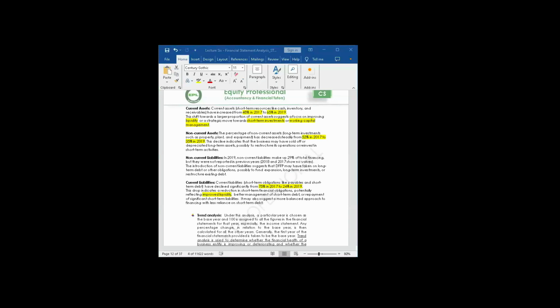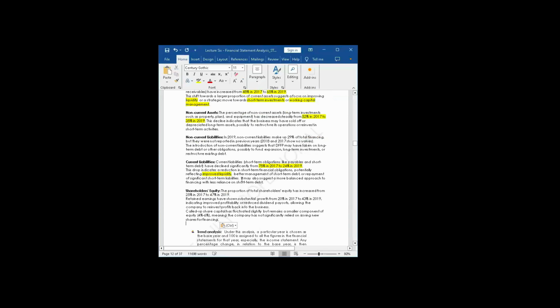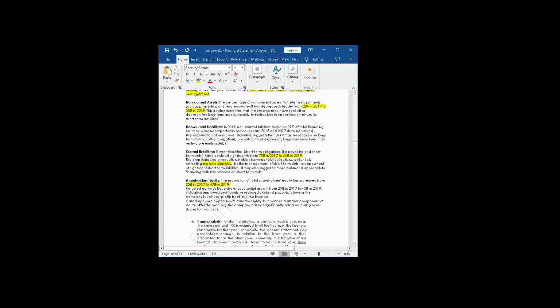What about comment on the shareholders' equity? The proportion of the total shareholders' equity has increased from 25% in 2017 to 47% in 2019. Retained earnings have shown substantial growth from 20% in 2017 to 43% in 2019, indicating improved profitability.